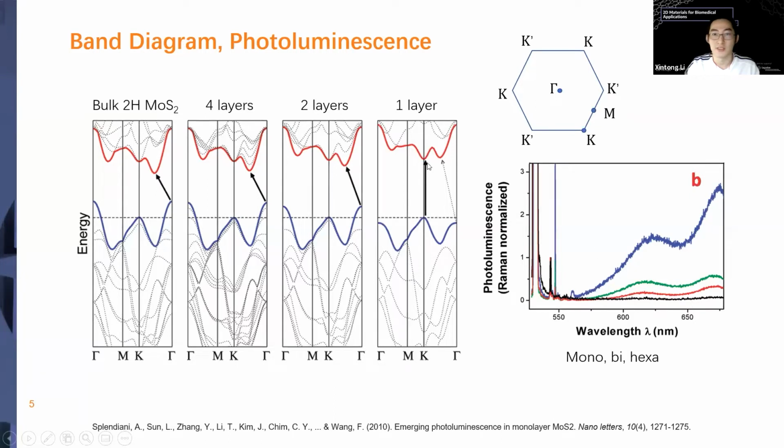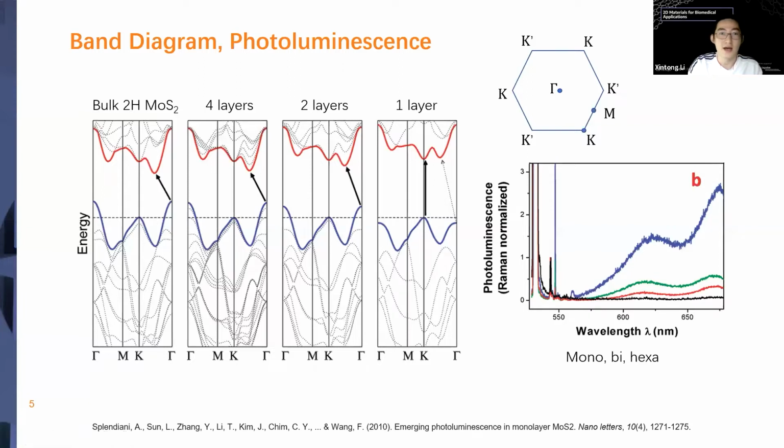Because of the direct band gap of the monolayer, the PL intensity, or we can say the quantum yield, is very high for the monolayer compared to other layers. So based on your application and your requirement, you can choose what number of layers you want. One thing to mention is that this energy range is already in the visible light range, and in graphene, there's no such response in this range of wavelengths.